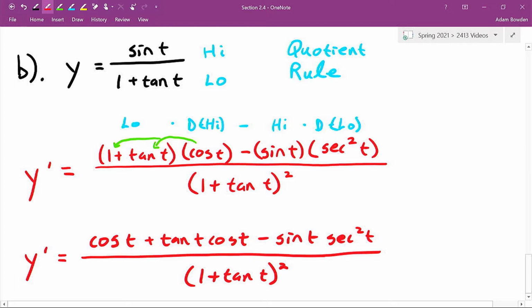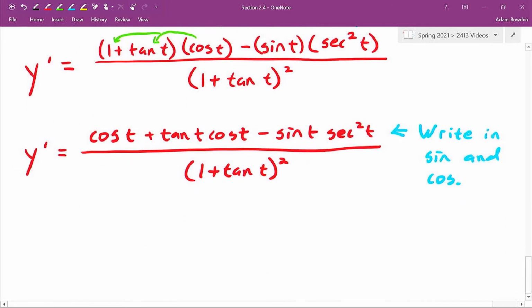Now, if possible, we're going to work in identities in order to simplify this further. What I'd like to do first is write everything, at least on top, in sine and cosine. I'm going to leave the denominator alone for now. I'd rather not mess with that denominator unless I absolutely have to, because it's all squared and it's probably not going to simplify too much. But I think we can do some stuff on top.